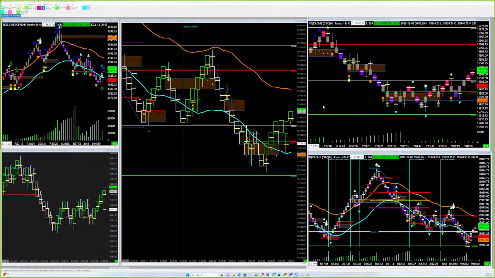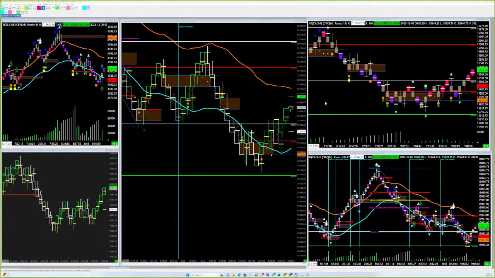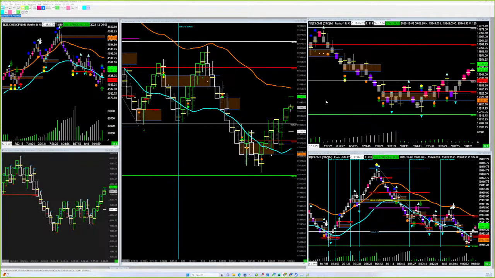I'll take a 48 scale. And that's 15 off the bottom so far, so you pay for the trade if you need to. And then you let the trailer run.